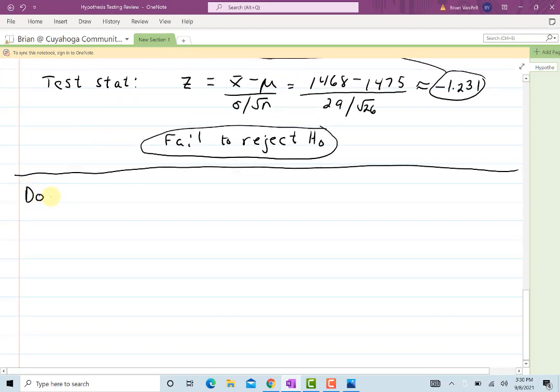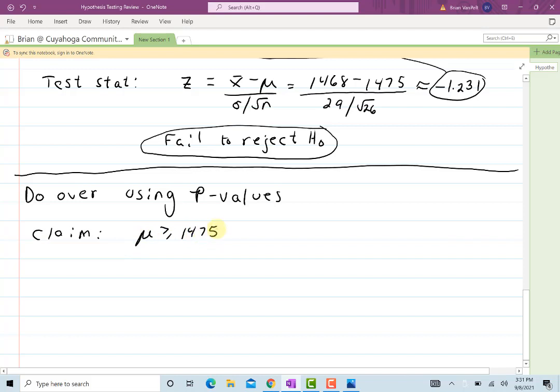Now I'm going to do a do-over using p-values. So let me put the stuff that we had in there again. We'll approach it as though we're doing the problem again. So the claim was that mu was greater than or equal to 1475.